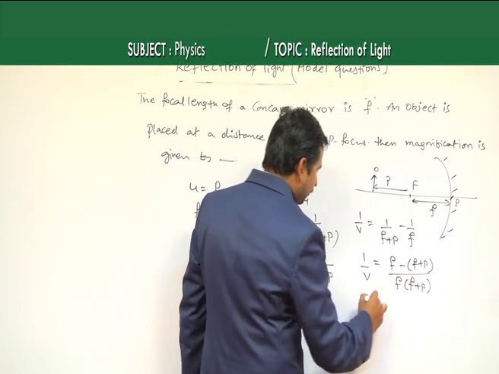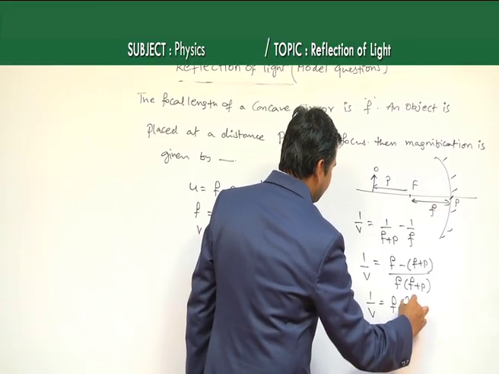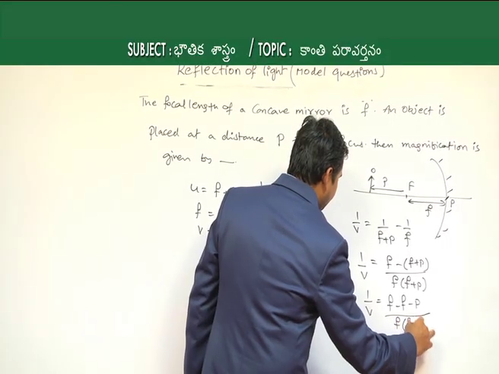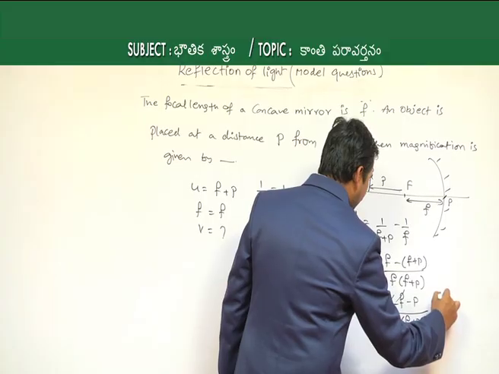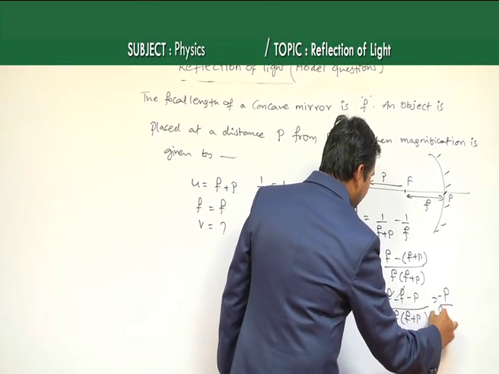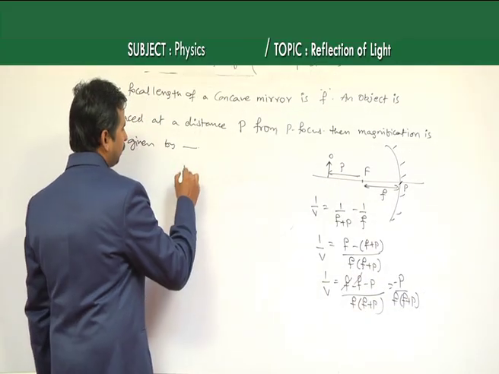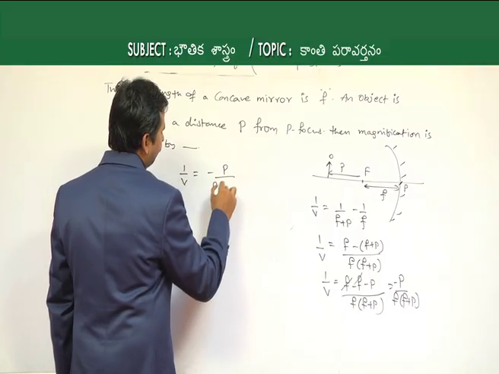Then if you simplify that, 1/v = (f - f - p) / (f(f + p)). Then f gets cancelled, and finally the 1/v value we got is -p / (f(f + p)). So we got 1/v = -p / (f(f + p)).